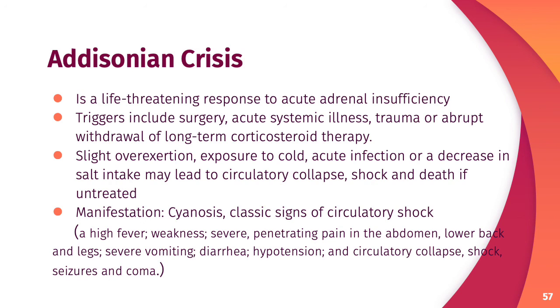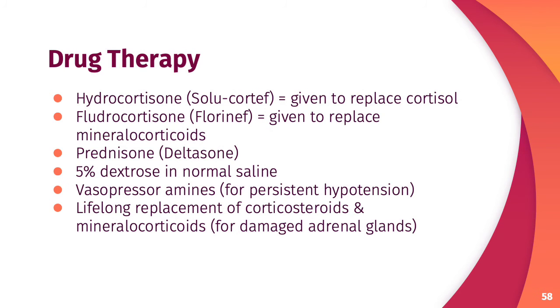The manifestations of Addisonian crisis are cyanosis and your classic signs of circulatory shock, which include a high fever, weakness, severe penetrating pain in the abdomen, lower back, and legs, severe vomiting, diarrhea, hypotension, and circulatory collapse, shock, seizures, and coma.